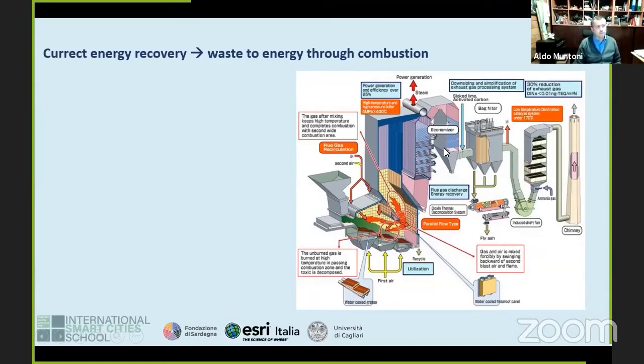And all these considerations led to the fact that, to be honest, in Italy now it's impossible to build a new incinerator.